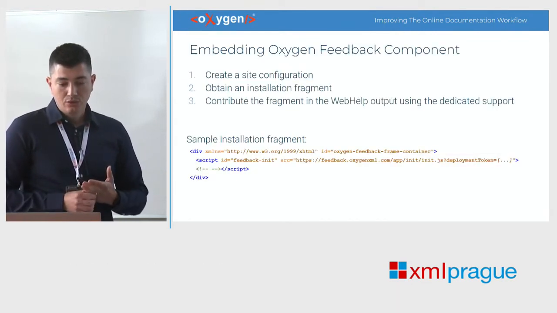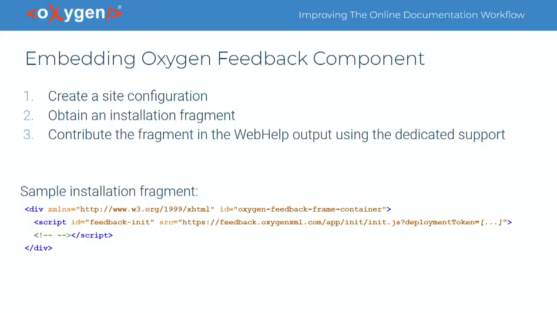In order to add Oxygen Feedback component to your online documentation, first you need to create a site configuration. To create a site configuration, you will need a user with an admin role assigned.